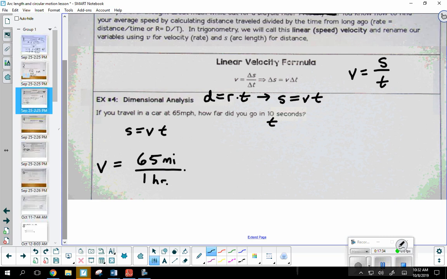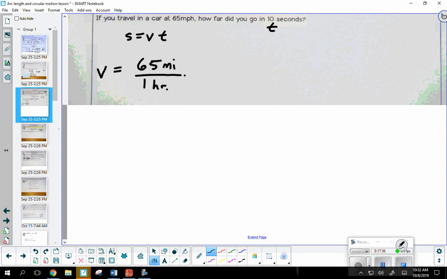This is what we call dimensional analysis. I'm going to put in one or several more ratios until I get the units that I want. If you're already very comfortable with this, there are shortcuts where you can combine some of these. But in the beginning, I'm going to write everything out because I don't want to lose anybody. So if I want to go from hours to seconds, I'm first going to go through what? What's between seconds and hours?